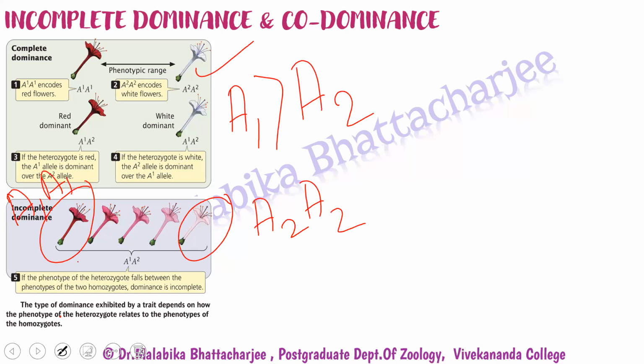You can see the phenotypic range of the intermediate flowers. That means the dominant allele is not successful in masking the expression of the recessive allele. And when such a phenomenon occurs, we observe incomplete dominance, where the dominant allele is not completely dominant over the recessive allele. A beautiful example of such a case can be seen in nature.